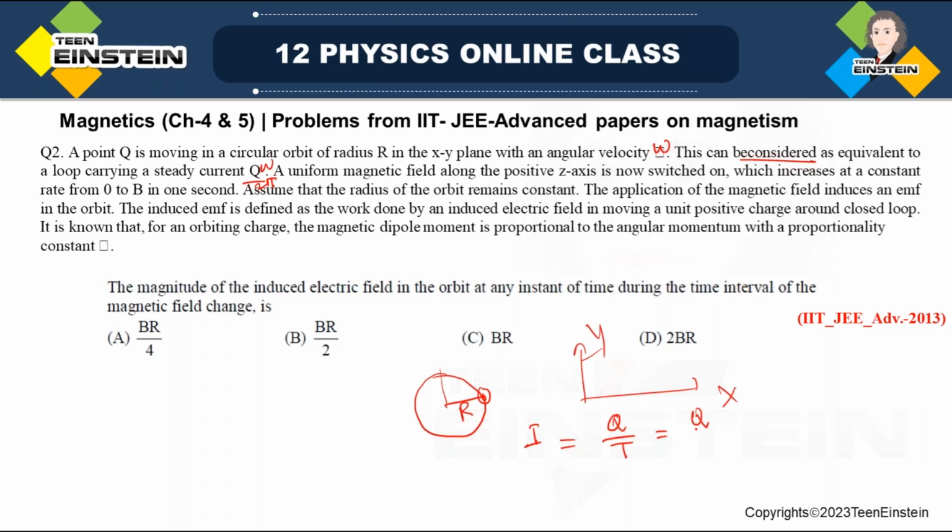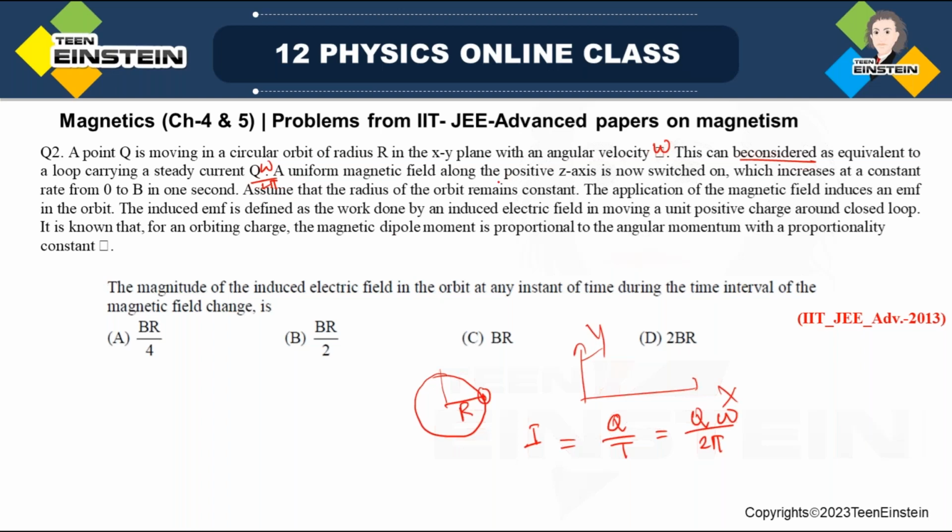Q is this, and the time period of revolution is 2 pi by omega. So Q omega by 2 pi is the constant current that is flowing in the loop.